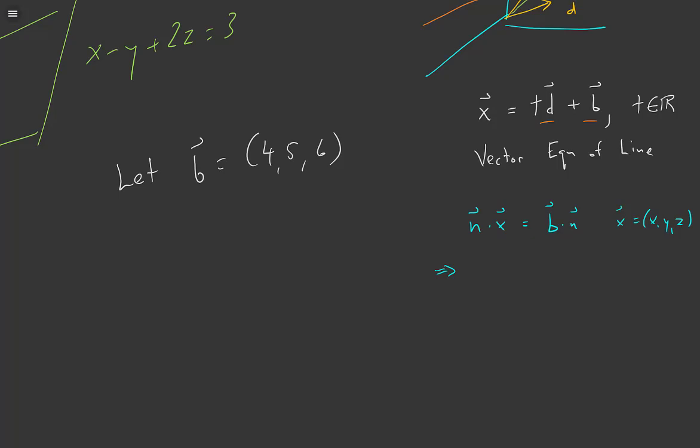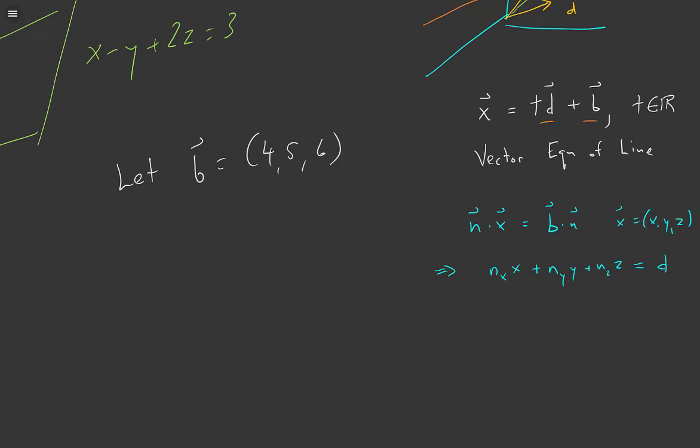So if the normal vector has x component, let's call it nx, you'll get nx times x plus the y component times y plus the z component times z. And that's going to be equal to b dot n. The components of b and the components of n are both constants, so this is just going to give you some constant quantity.